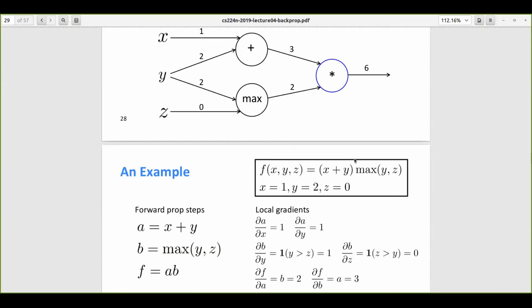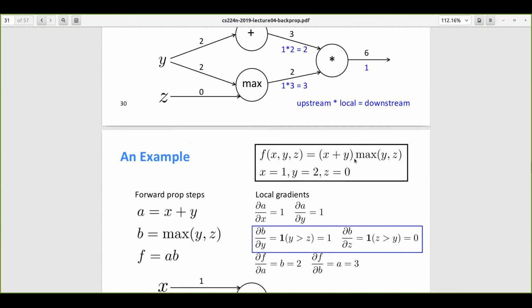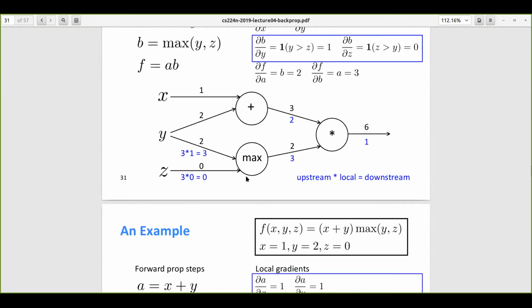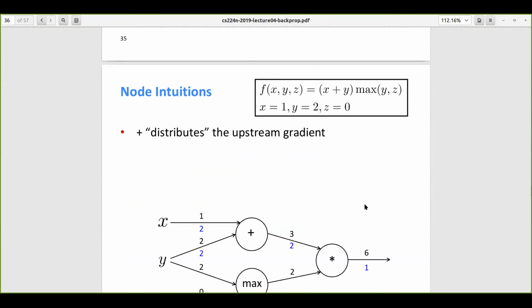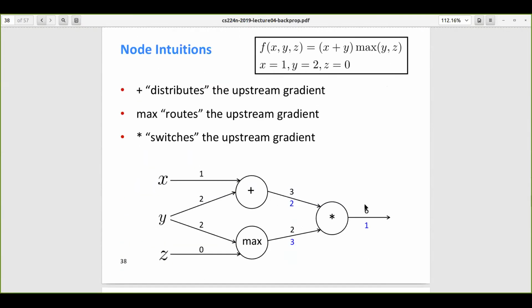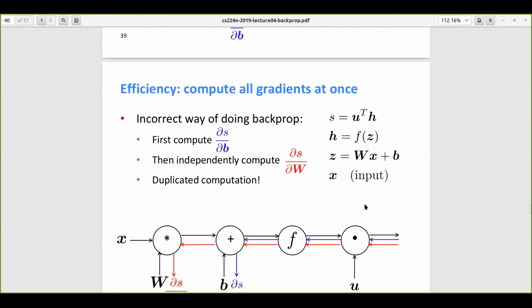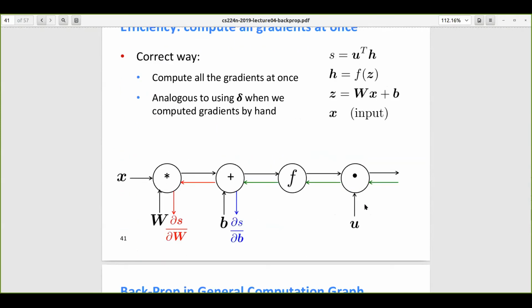These are some of the calculations. Here it shows what happens when it's backpropagated. We'll see this in the example.